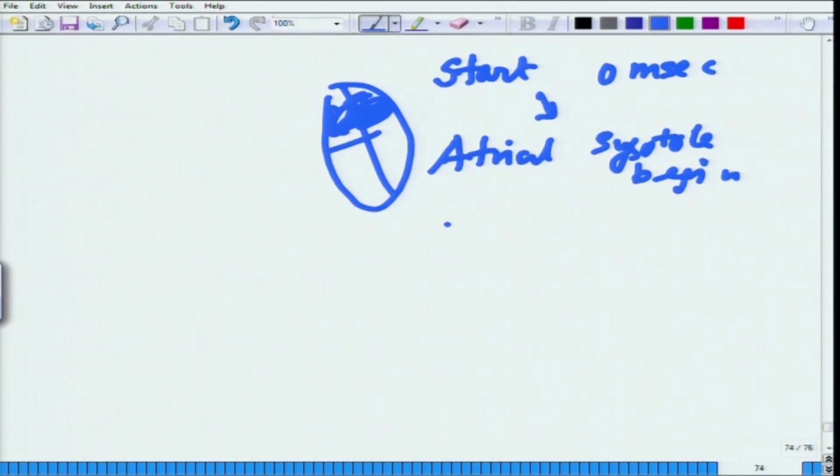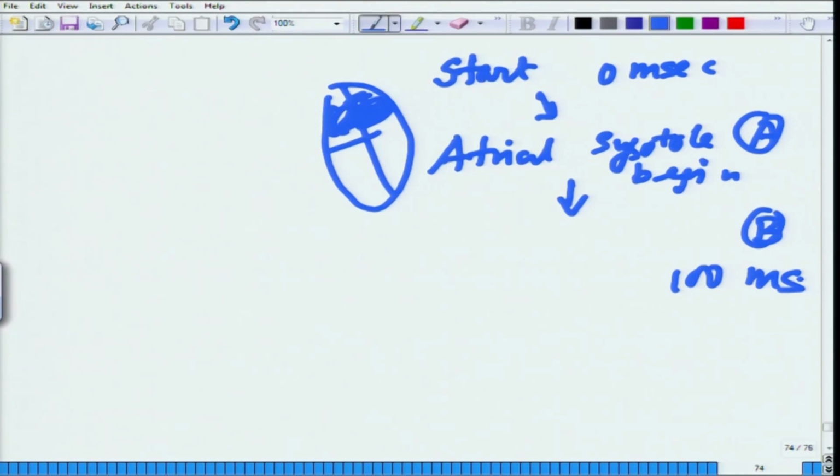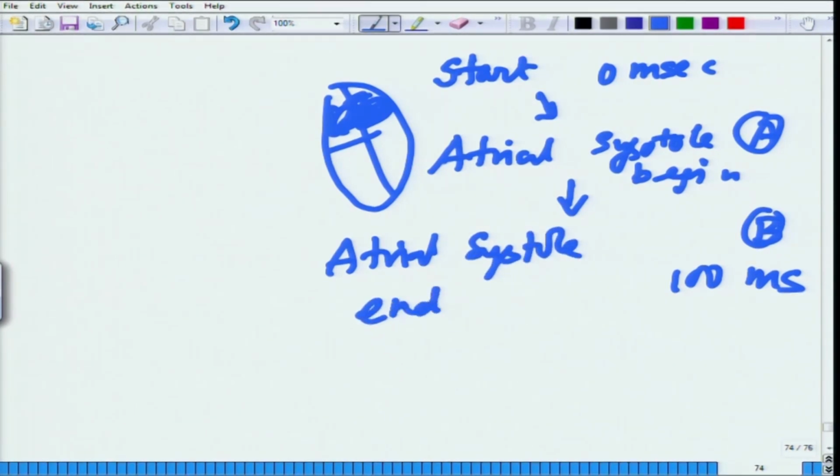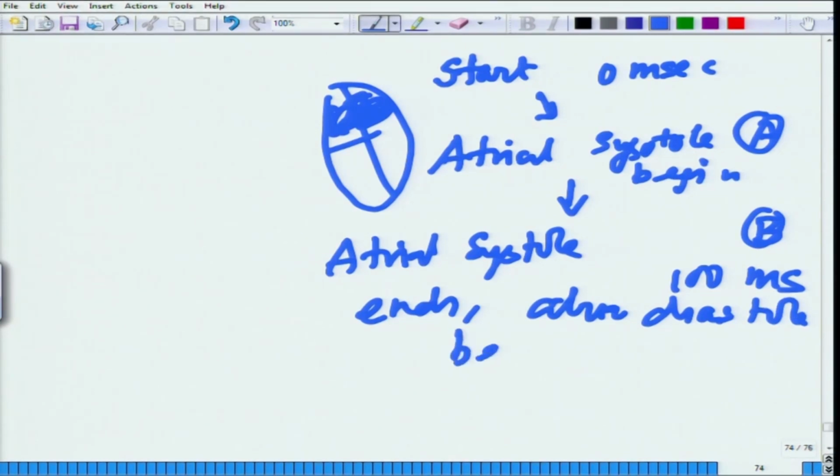Then phase B, at around 100 milliseconds: atrial systole ends, and atrial diastole begins. This is phase 2.